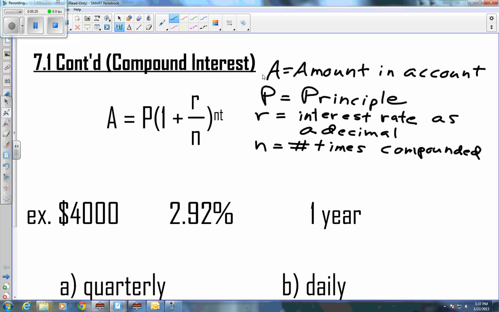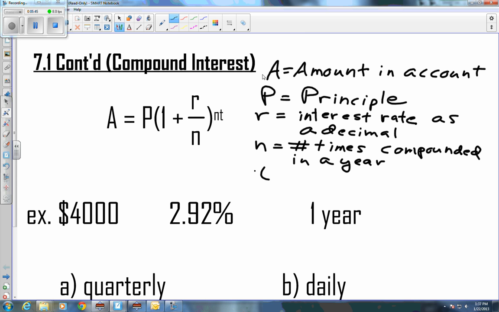Like in the example I said, it was 0.05 divided by 4. 4 would be your n. Quarterly is 4. Monthly would be what? 12. Number of times compounded in a year.